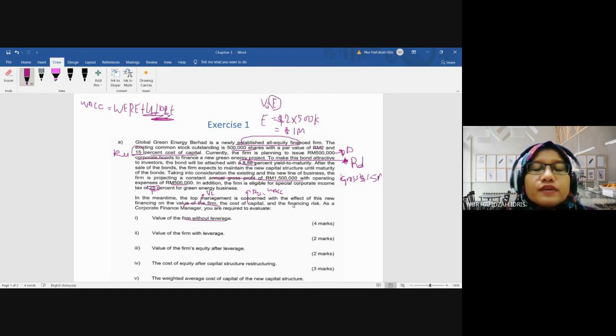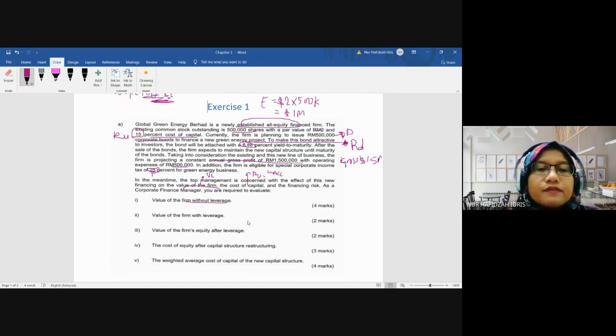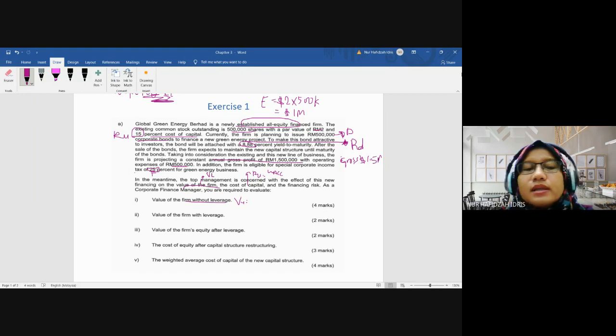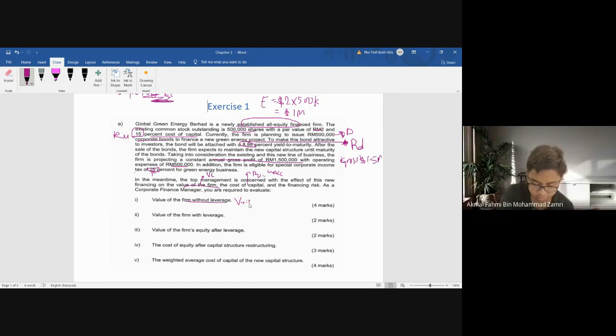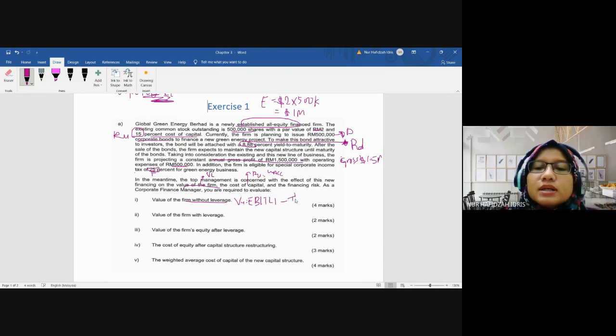What do you mean by value of the firm without leverage? What is leverage? Debt. Yes, debt. So the value of the firm without leverage is V what? VU. Does the question have tax or not? Yes, there is tax. So look at the VU formula with tax: earnings before interest and tax times one minus tax, divided by RU. So this is the formula.